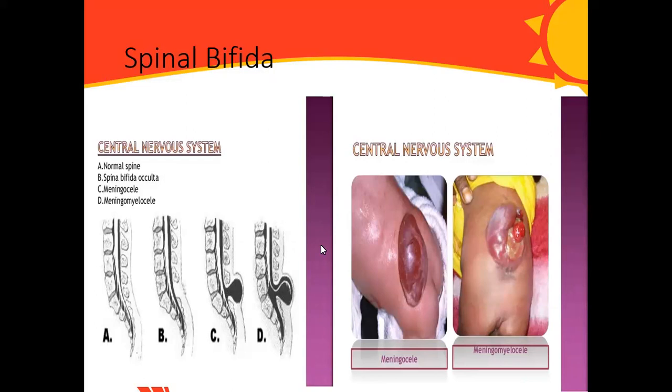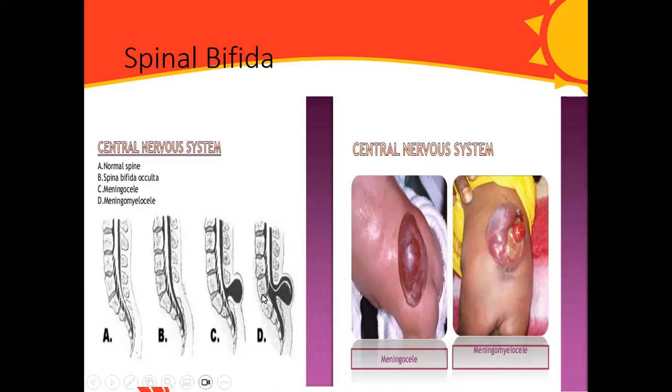In picture B, there is an abnormality, an opening, a failure of closure of the vertebral column here, but there's no protrusion of the meninges or the nerves. So this is the occulta form. Meningocele is when you have the meninges herniating through the defect, but it does not have any nerve or neural tissues.